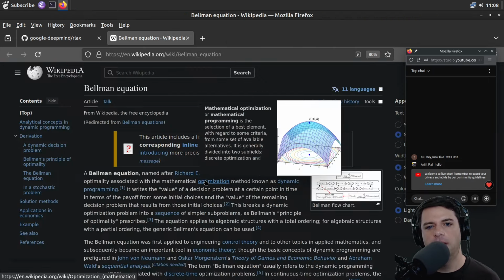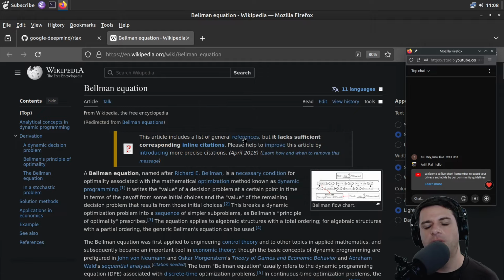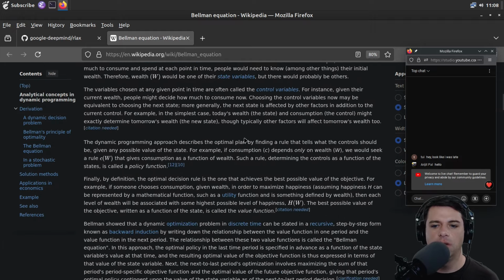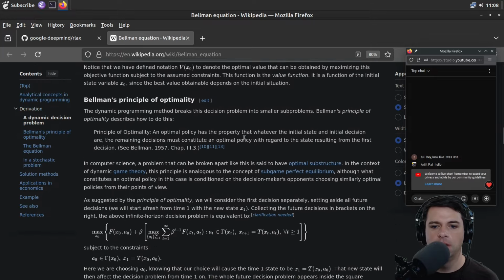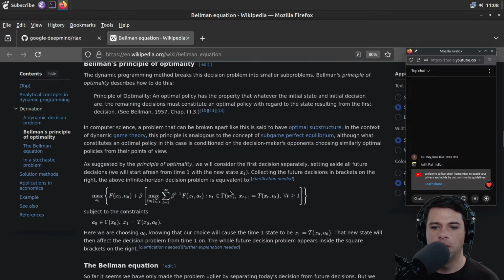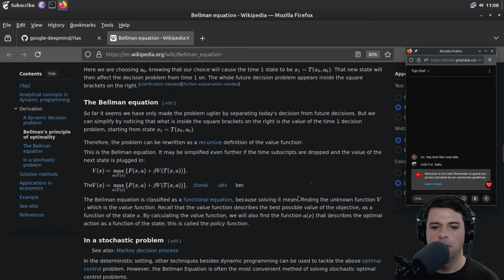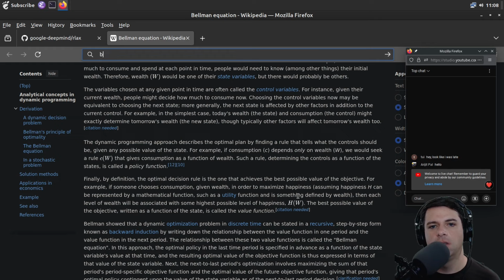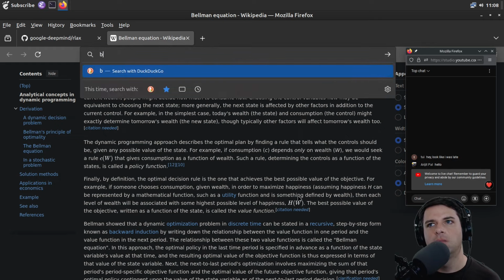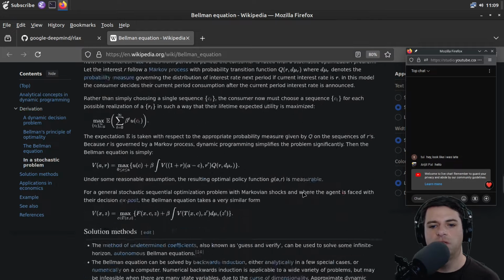Okay, so that probably complicates the code. I was looking at the Bellman equation. I think I was confusing it with the, there's some generalization, right?